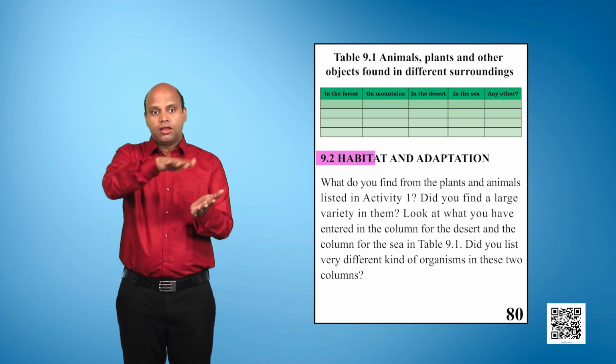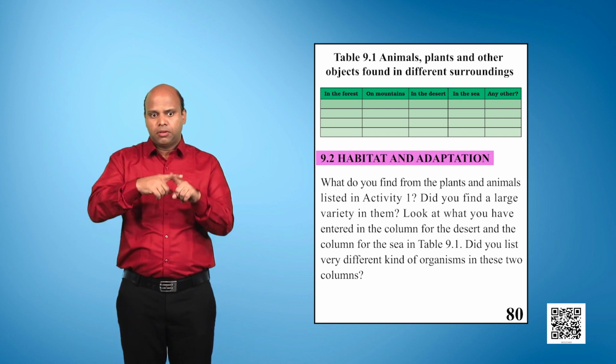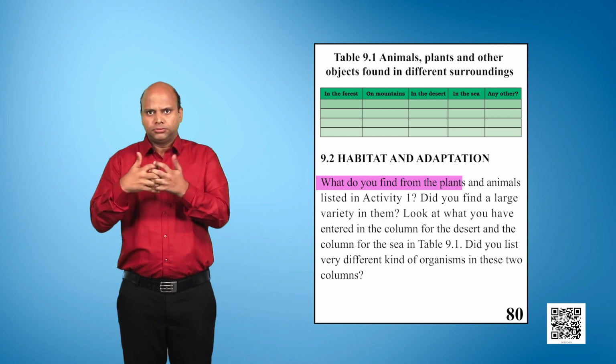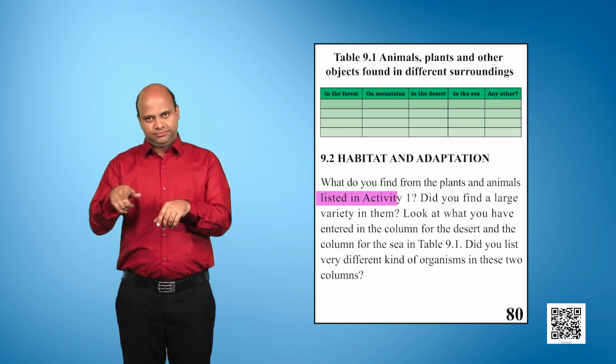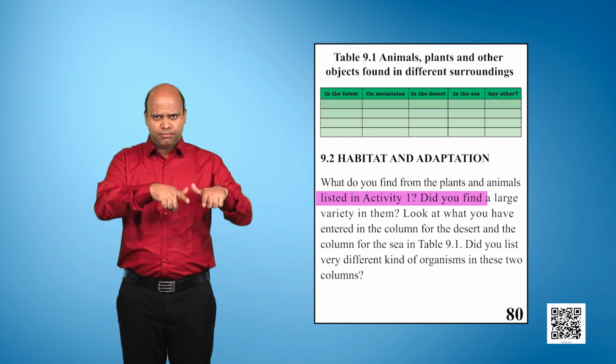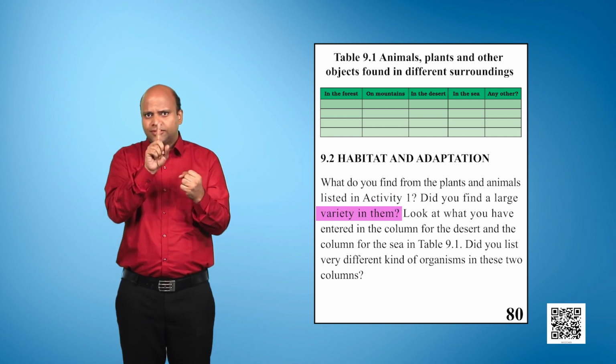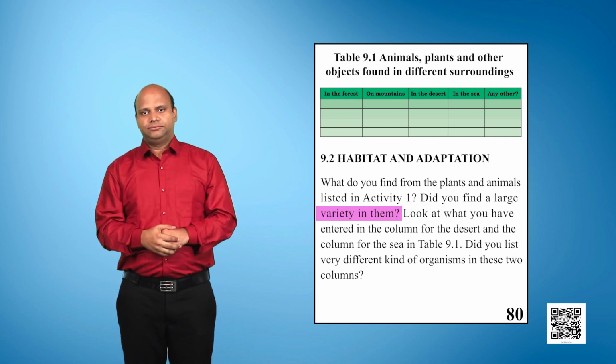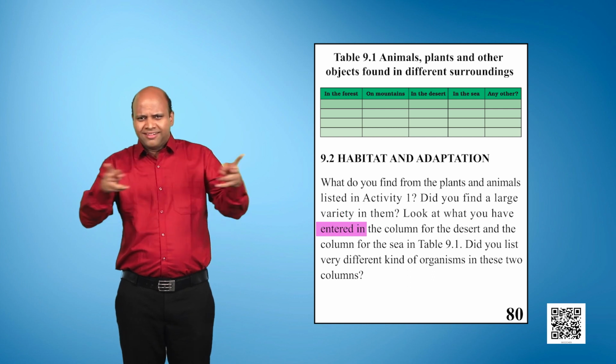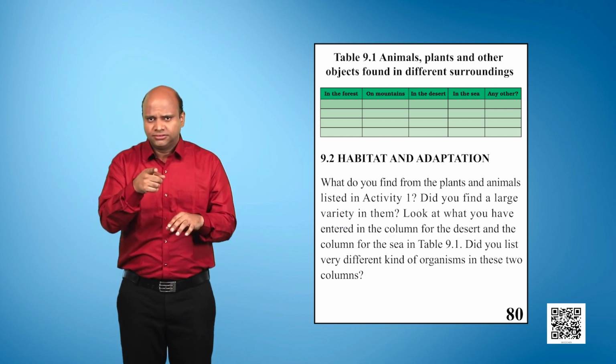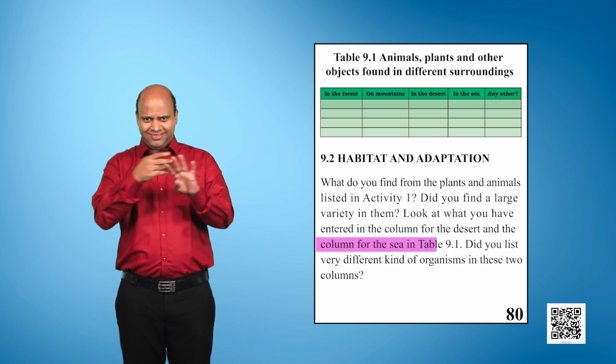9.2. Habitat and adaptation. What do you find from the plants and animals listed in Activity 1? Did you find a large variety in them? Look at what you have entered in the column for the desert and the column for the sea in table 9.1.